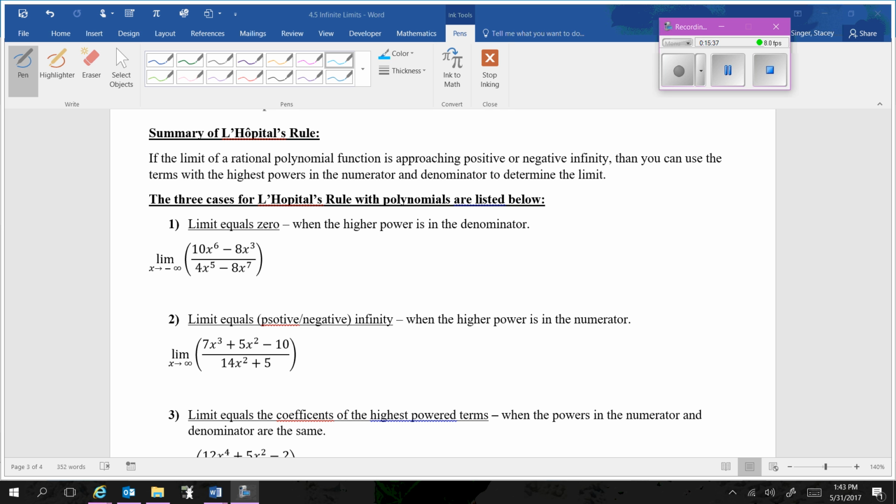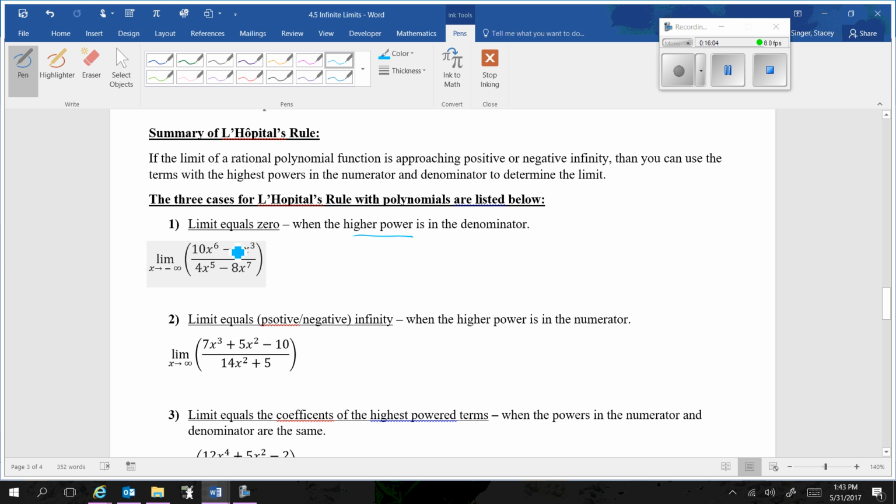So if we're looking at the three cases that L'Hopital's rule is with polynomials, the first one is when the limit equals 0, and that's when the higher power is in the denominator. So if I'm looking at my rational polynomial right here, I got 10x to the 6th minus 8x to the 3rd divided by 4x to the 5th minus 8x to the 7th.